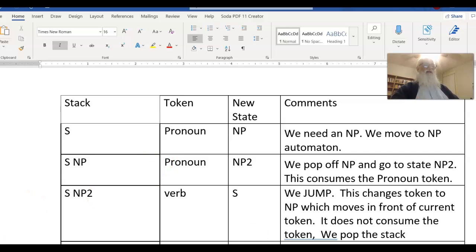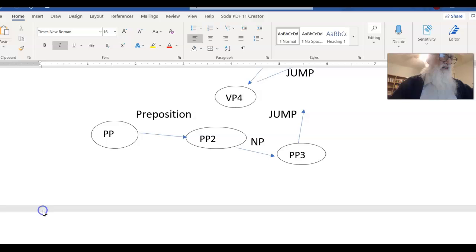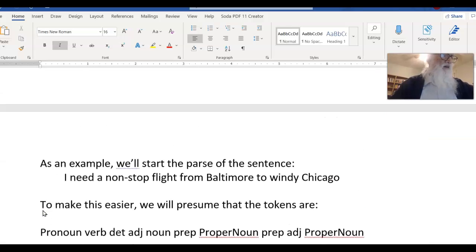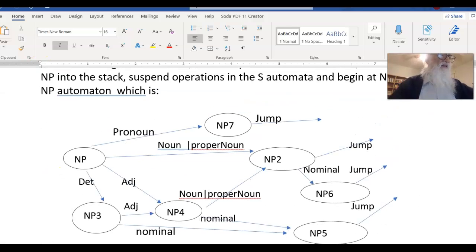Over here, I keep track that I still have S as an unfinished chore. And I have NP, and I have to try to find an NP. I have to parse what I have to get myself an NP. So I have a pronoun. Well, it turns out, if you look at the NP back here, if you have a pronoun, it can take you to NP7.